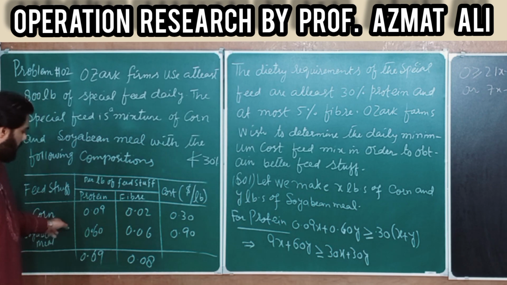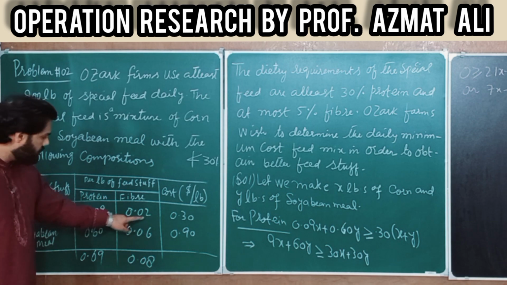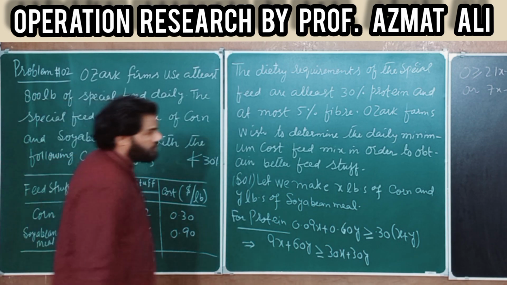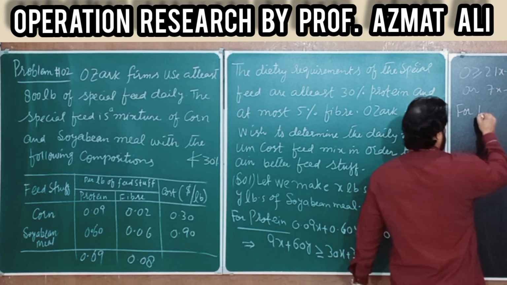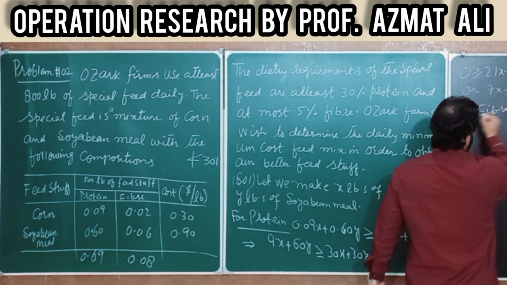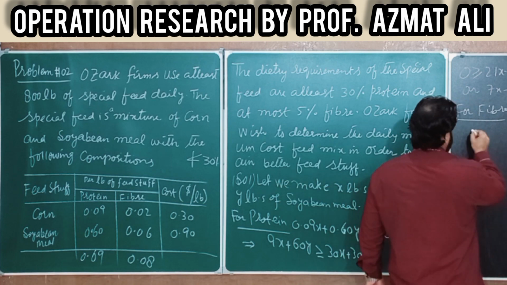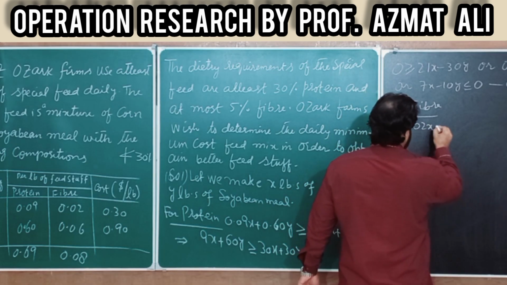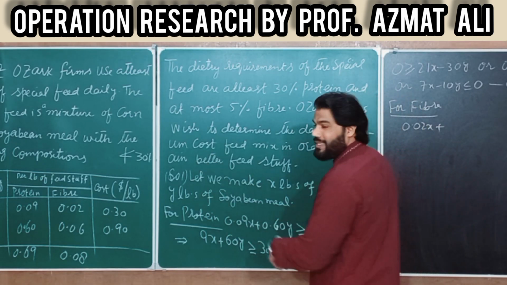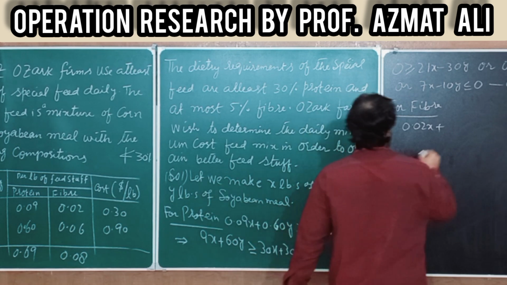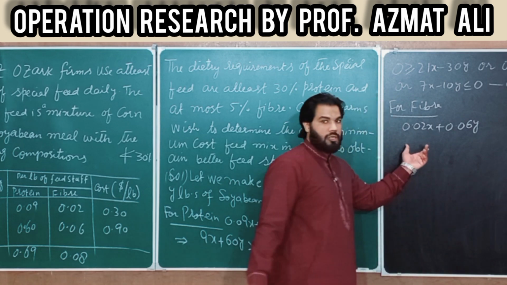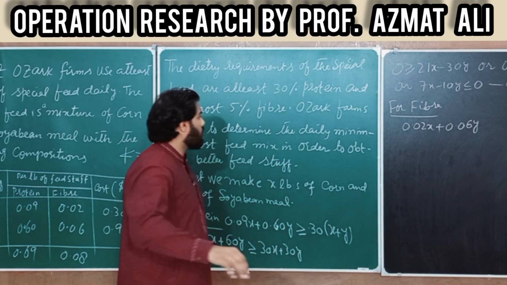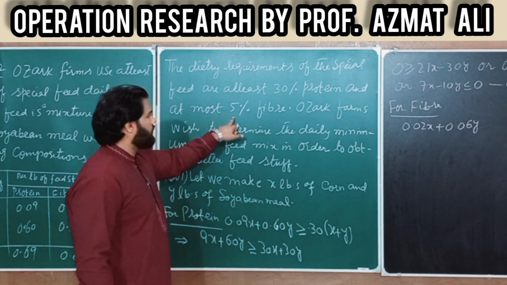We are making here x units of corn, so by multiplying this row by x, this number will be 0.02x. This will become 0.02x plus, multiply the second row by y, we have 0.06y. This is the total amount of fiber, and total amount of fiber is at most 5%.